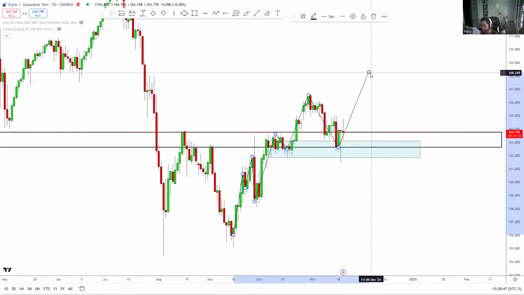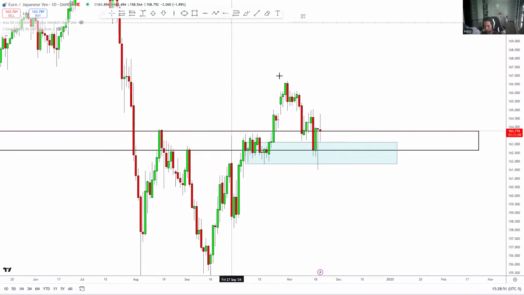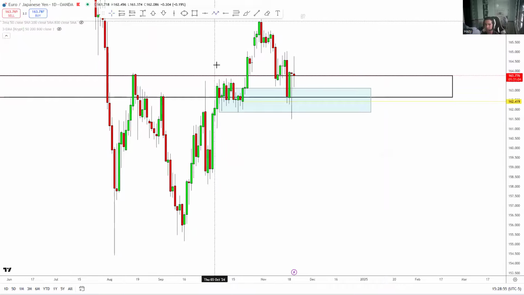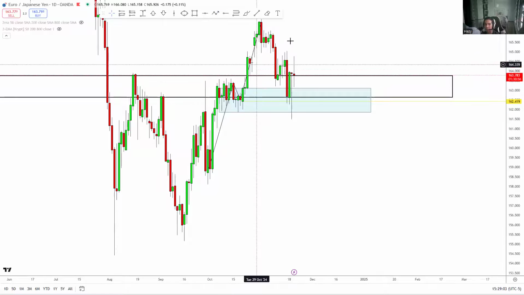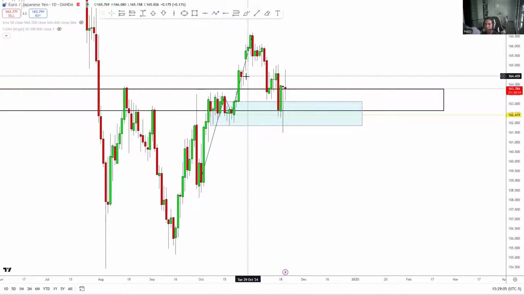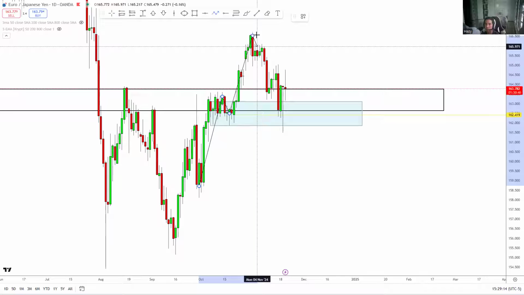Note that price never closed below this previous higher low. That means that we are still in a bullish move to the upside. Let me draw it again.